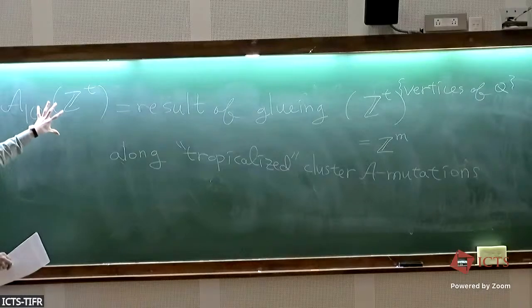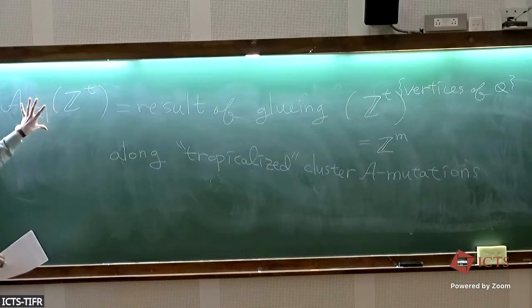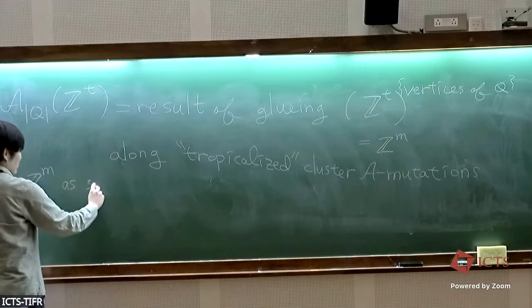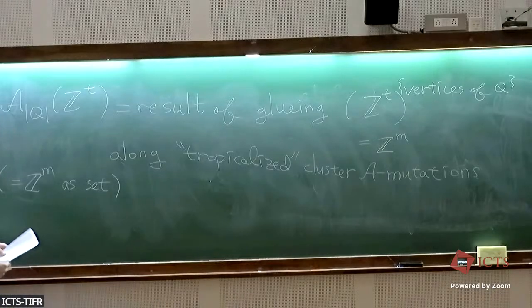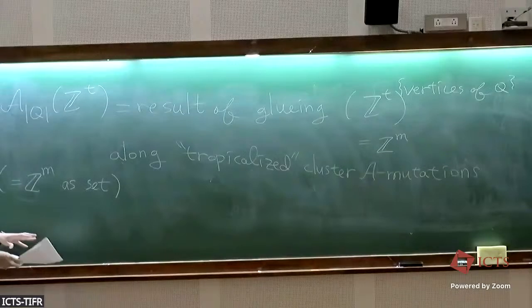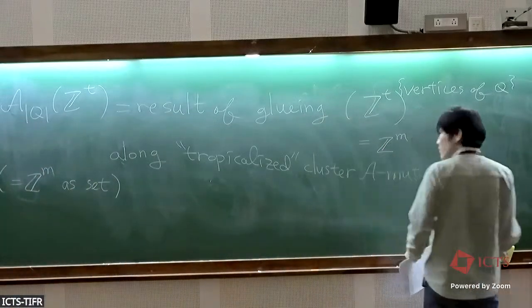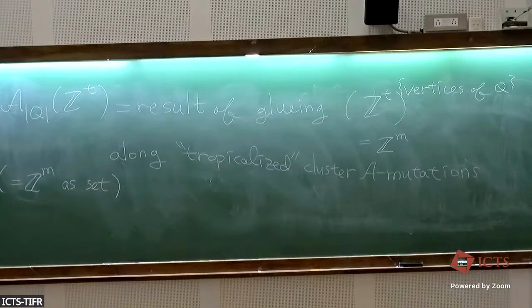So even after you glue, this as a set is just Z^M. So it's just the same Z^M glued bijectively together with strange looking piecewise linear formulas. That's what I mean. It's a pretty abstract set. And the target ring is just the algebra of regular functions. So let me write that also.